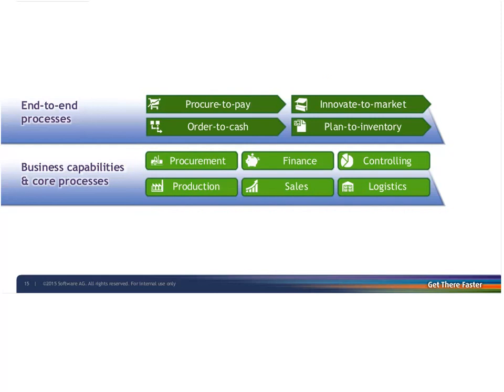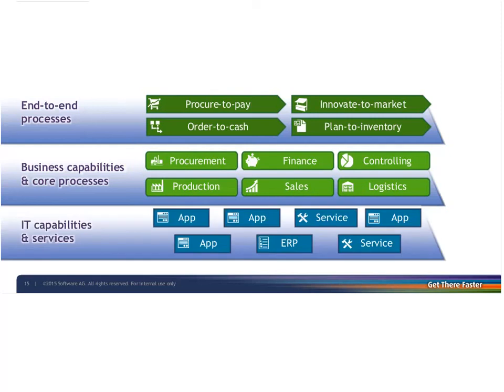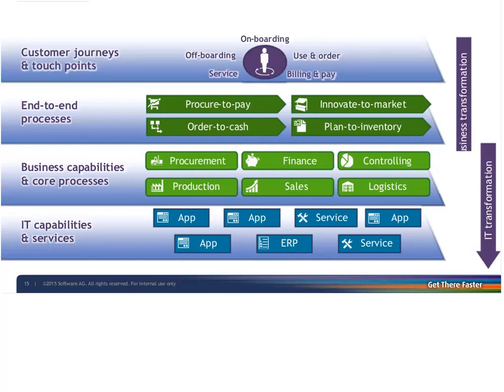But with ARIS Cloud, we go a bit further. We enable IT transformation, which means you can derive requirements for your IT landscape based on the business capabilities and end-to-end processes. And we enable business transformation, which means you can describe customer journeys, you can describe touch points, you can establish a customer experience management discipline in your organization.